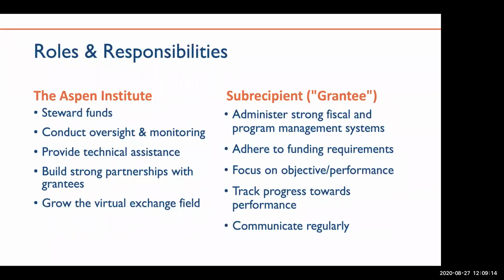You, as the grantee, are responsible to have strong fiscal and program management systems to properly steward federal funds and to adhere to the federal funding requirements per those guidelines that I mentioned in the previous slide. And lastly, you as the grantee are responsible for ensuring appropriate progress toward the performance that you outline in your proposal.